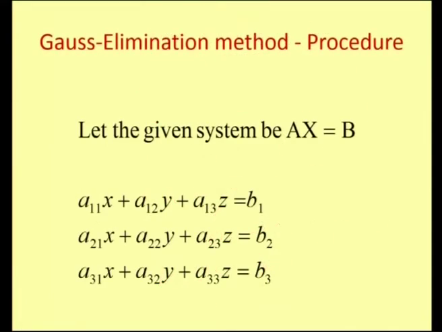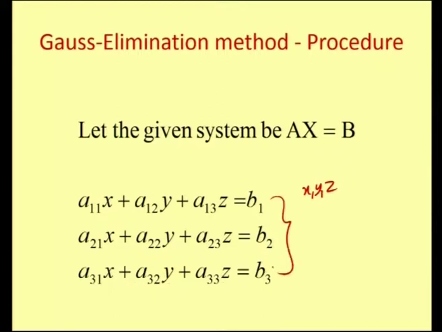For example, instead of having n unknowns, let us take 3 unknowns only, that is x, y and z, and restrict your equations to 3 unknowns. That is, let the given system of equations be Ax is equal to b, that is a11x plus a12y plus a13z is equal to b1, a21x plus a22y plus a23z is equal to b2, a31x plus a32y plus a33z is equal to b3.